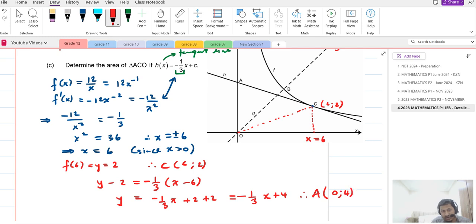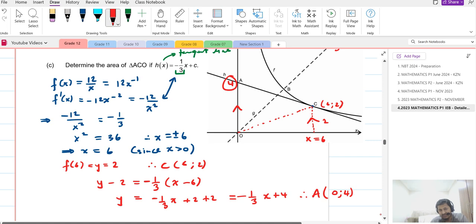Now there's nothing to do over here because this is the height, and remember that's parallel. So I can do the area of the trapezium minus the area of this triangle here, which is the area of triangle ACO. This is the height, which is 2, and that's a height which is 4. It's half the sum of the parallel sides times the perpendicular height.